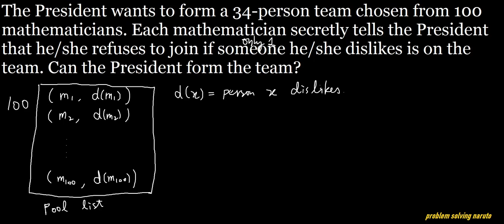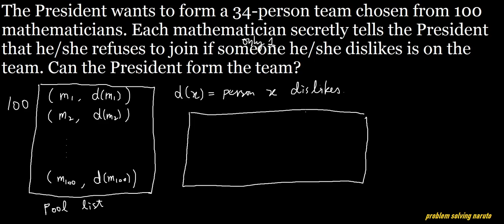And as I told you, I will be giving a constructive solution. So let's have the solution here. Let's say I have a team list, but the team list has two parts. This is the team list, and then this is the dislike list.